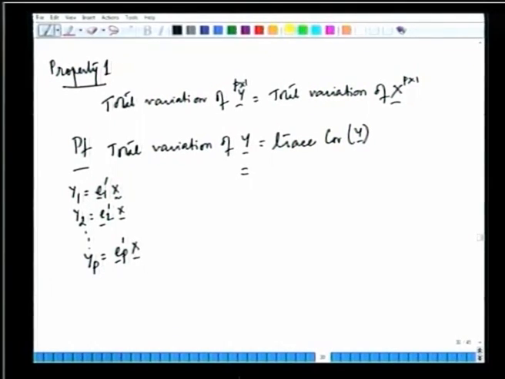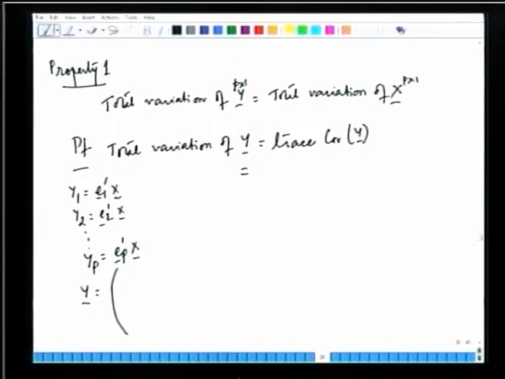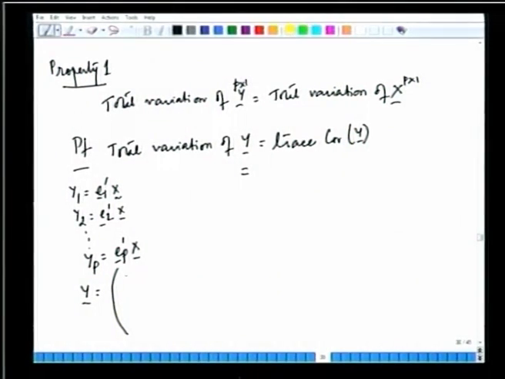So, if I want to write the y vector, I can represent the whole thing. This is my y vector, the collection of y1, y2 to yp in column form, and I have this as E1', E2' to Ep', all these are transposes, times x.